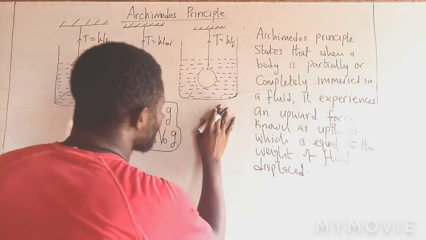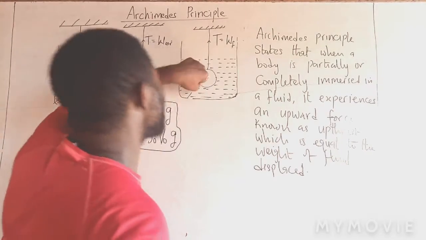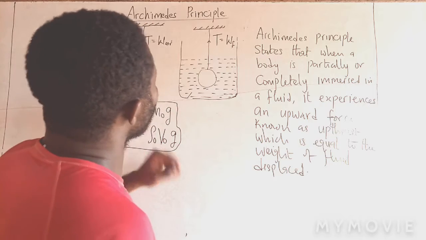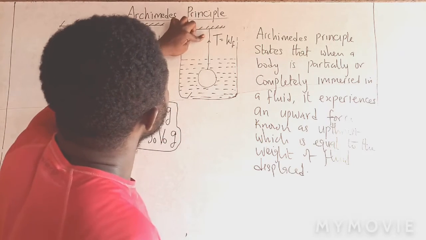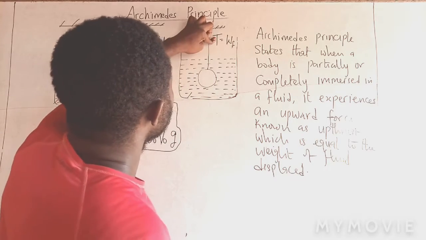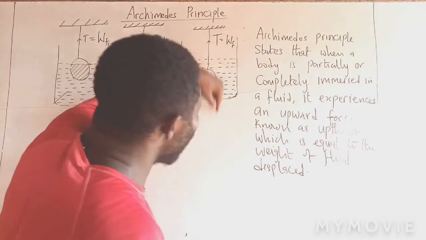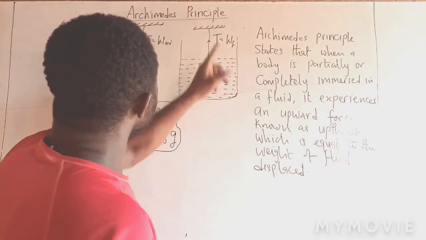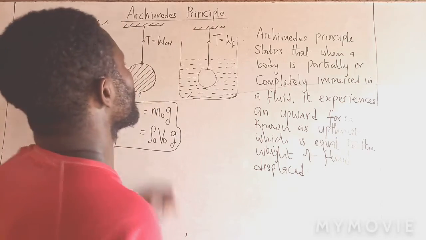In this case, the object is completely immersed in a fluid. So it means that the weight registered here will be given by this tension, and that tension will be equal to the weight of object when immersed in a fluid. It is no longer the same thing as the weight of object in air.